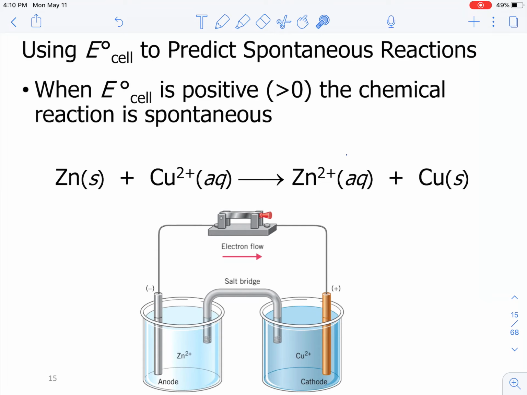Typically, if you get a forward reaction that's non-spontaneous, in other words, a negative standard cell potential, then that means if you were to reverse or flip the equation, you would have to flip the sign of your standard cell potential, and so it'll go from negative to positive. So long story short, if the forward reaction is non-spontaneous, then the reverse reaction is going to be spontaneous.